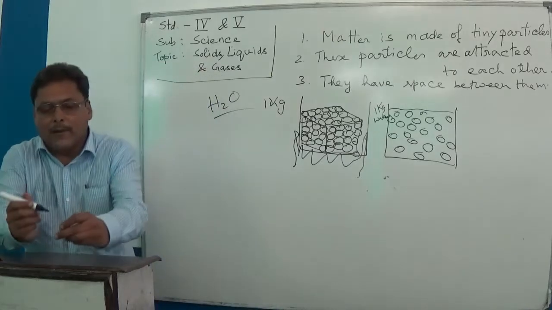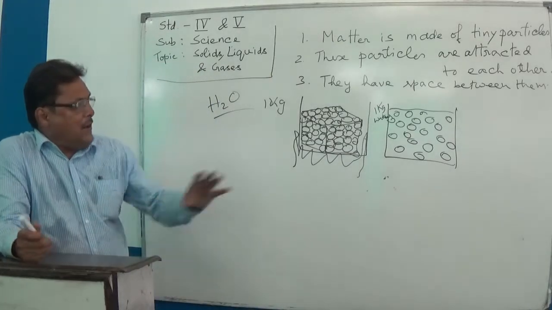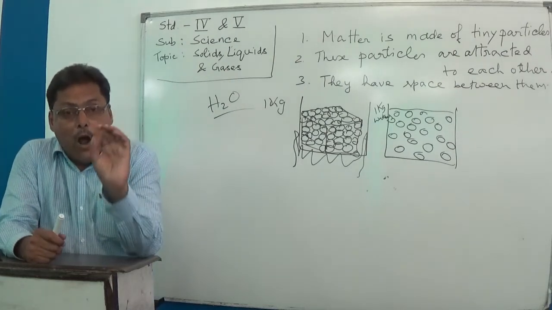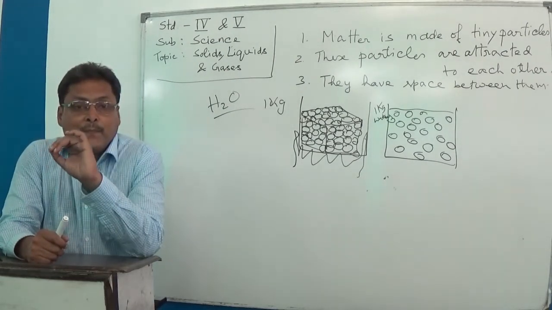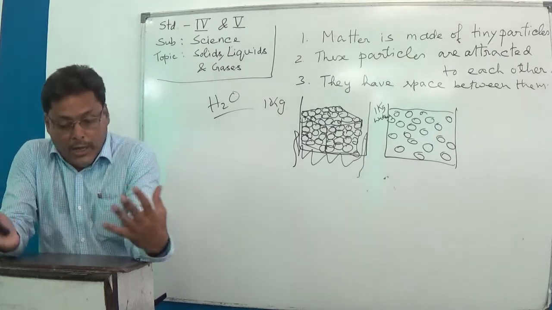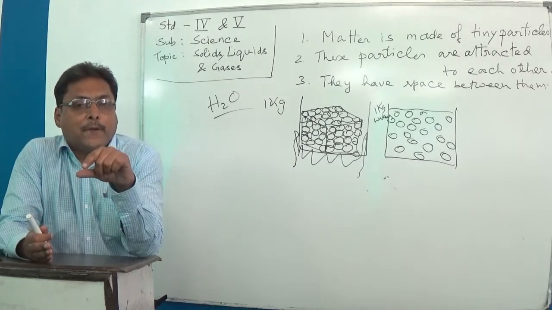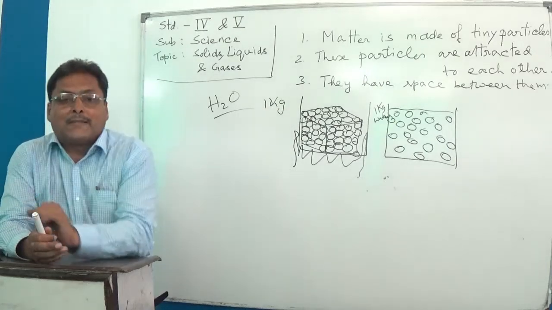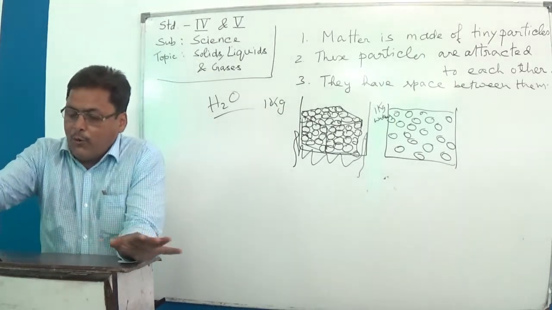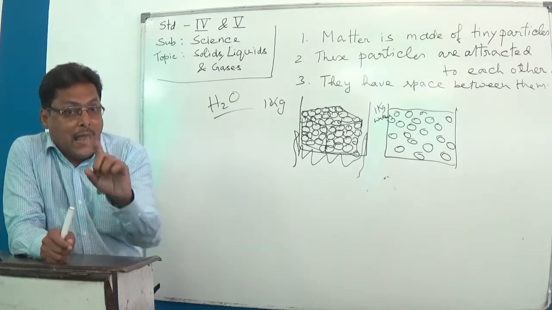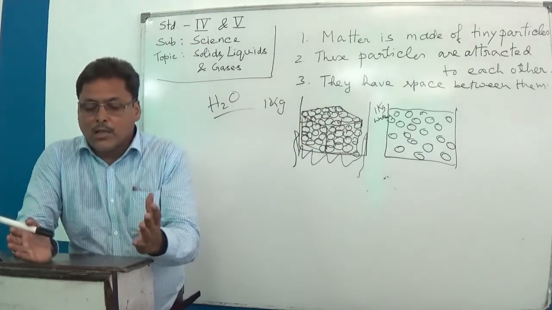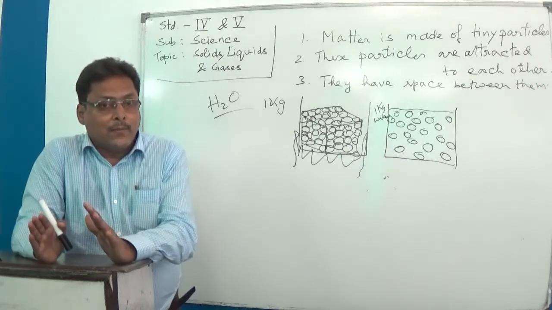What change had happened? The same number of molecules are there, but now you definitely need a container to keep the same number of molecules at one place. Otherwise it will flow away. When it was ice, you did not need a vessel to keep it in.